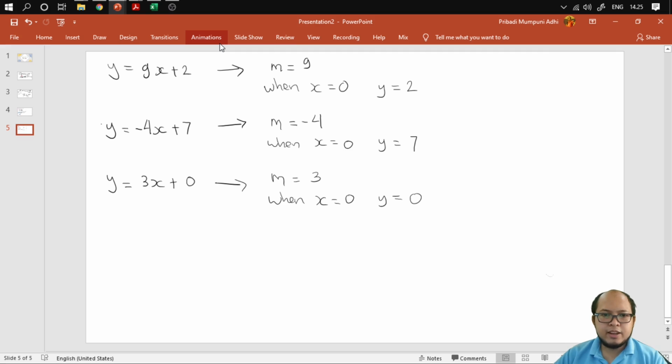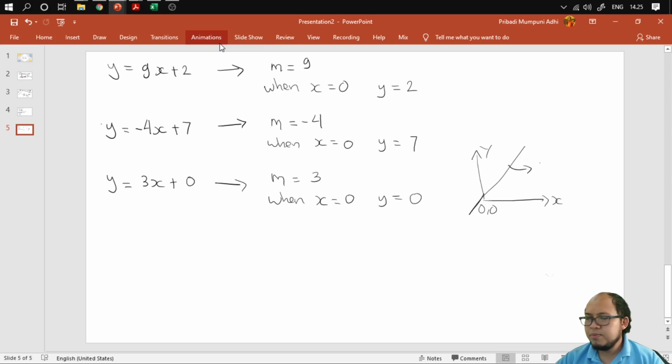So this line will pass through the origin (0,0). If I draw the line roughly, this is (0,0). The line will pass through (0,0), and the slope will be equal to 3. So the equation is y equals 3x.